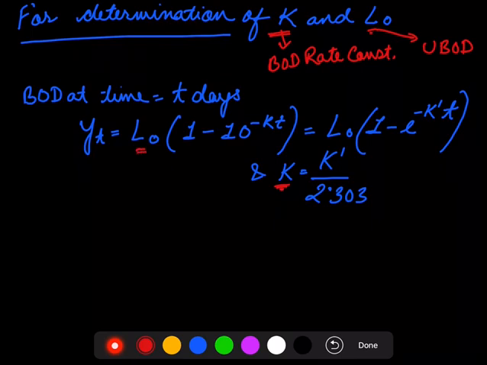There are many methods. I'll list out some of the methods which are used for the determination of rate constant and ultimate BOD. The value of ultimate BOD, which is approximately equal to the 20-day BOD, and the rate constant can be computed from a series of BOD measurements at various times.